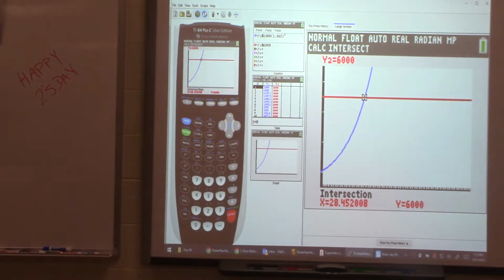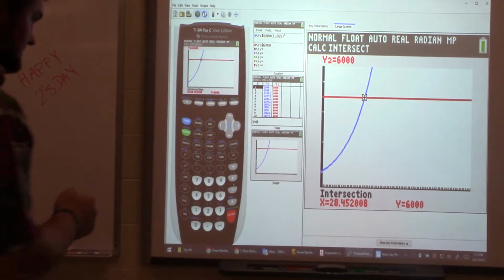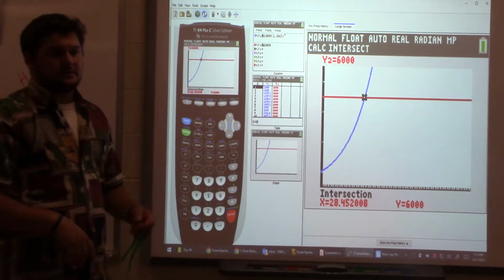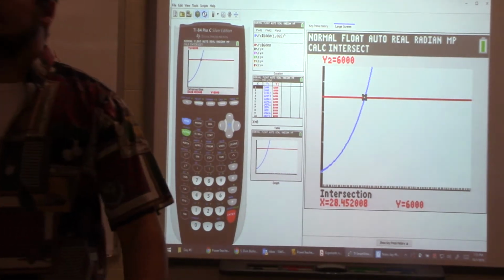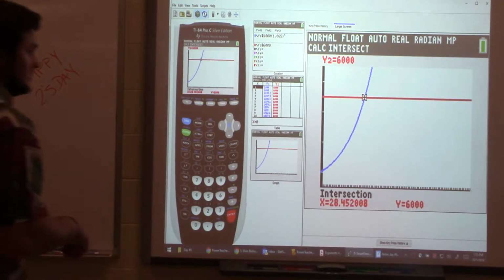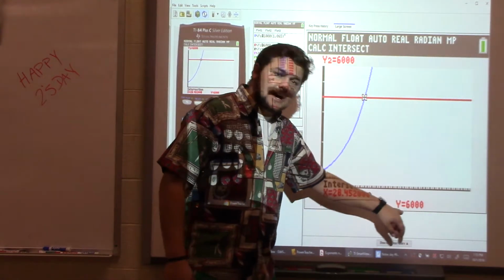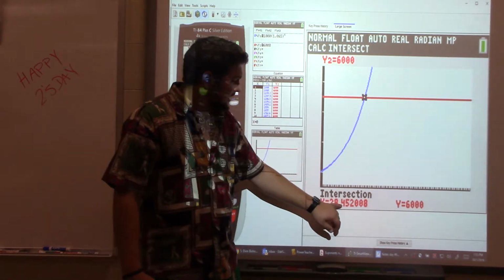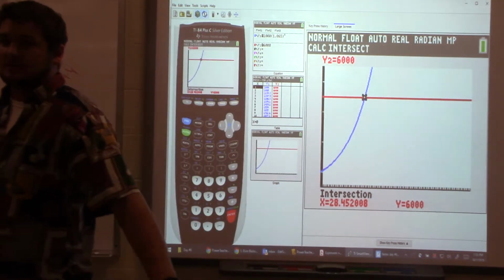Second trace, the 5th one down is intersect, then enter 3 times. And it should tell you, when y is 6,000, so it's $6,000, it's going to take us approximately 28 and a half years to get there.